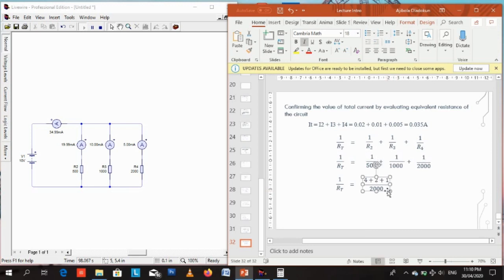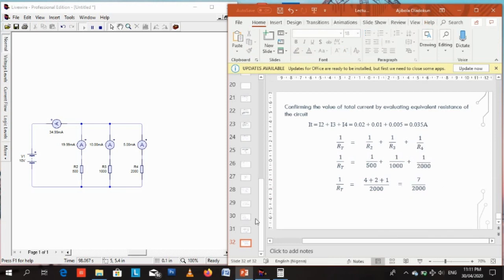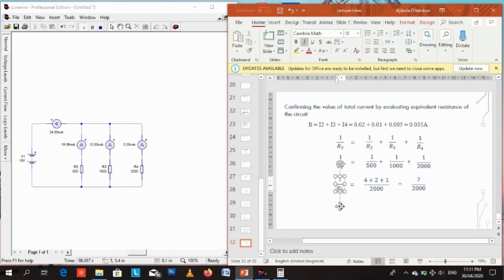This means that 1 over RT, that is 1 over total resistance, should be 7 over 2000. If you add 4, 2 and 1 together, that should be 7 over 2000. But that is not our total resistance. It's just the reciprocal of the total resistance.